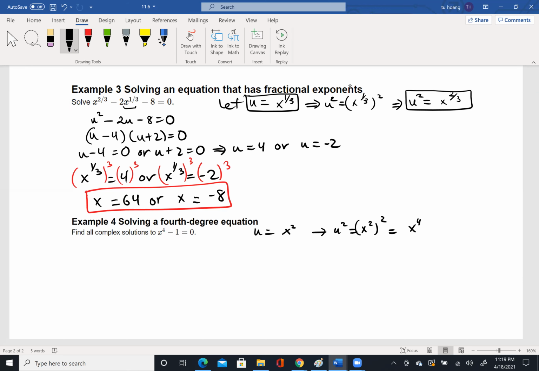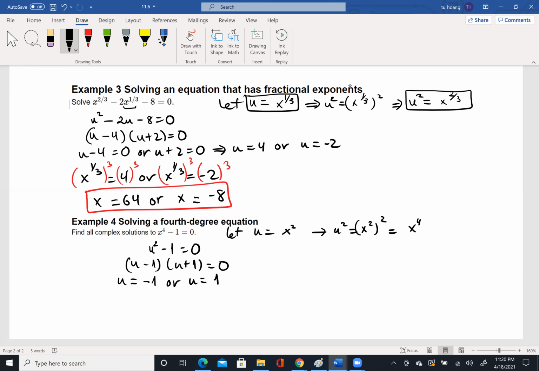So I can change this to u squared minus 1 equals 0. And that can be factored as a difference of squares. So we have u minus 1 times u plus 1 equals 0. And then that gives me u equals -1, or u equals 1.